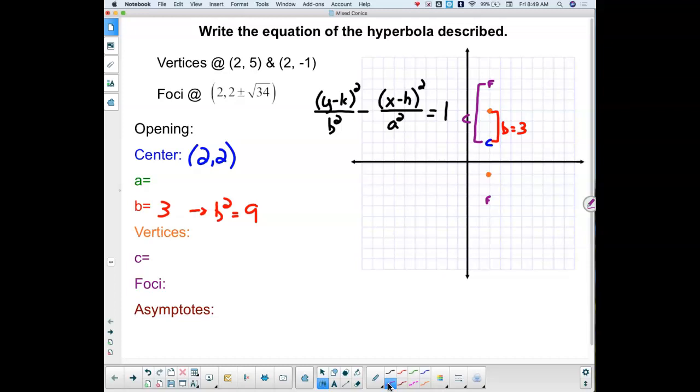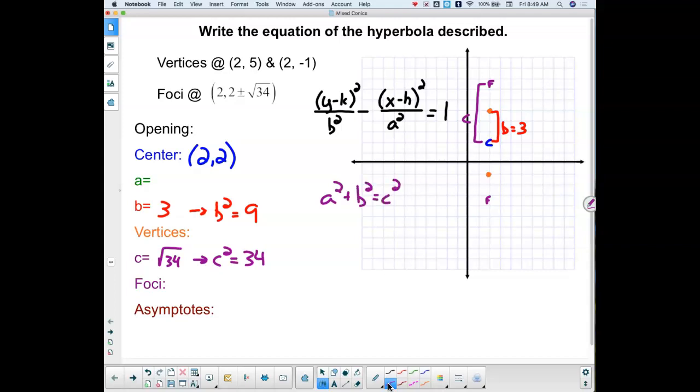Square root of 34, which means that c squared is 34. What's the formula that I've got to use with c and b and a? It's a squared plus b squared equals c squared for this one.